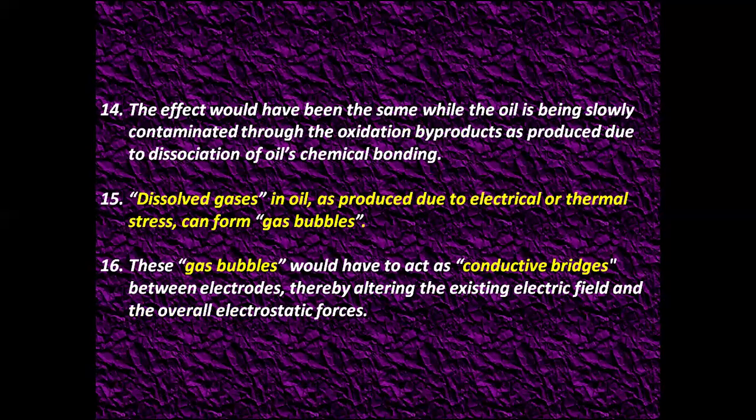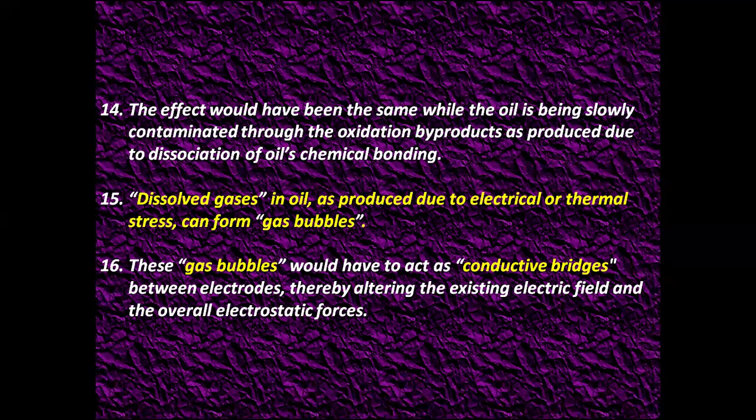Number 14, the effect would be the same while the oil is slowly contaminated through oxidation byproducts produced due to dissociation of the oil's chemical bonding. Number 15, dissolved gases in oil, produced due to electrical or thermal stress, can form gas bubbles.